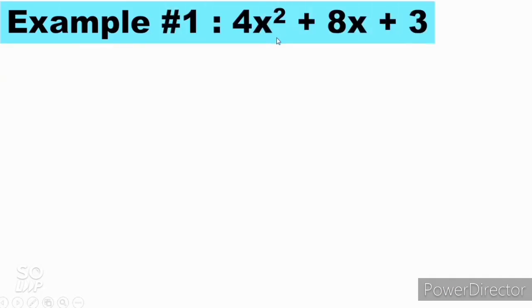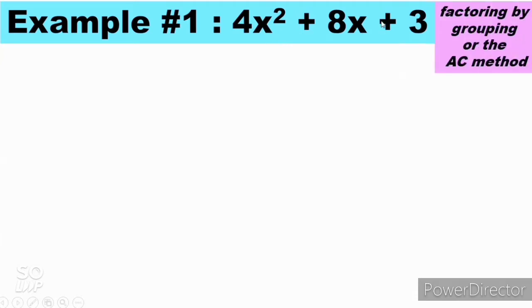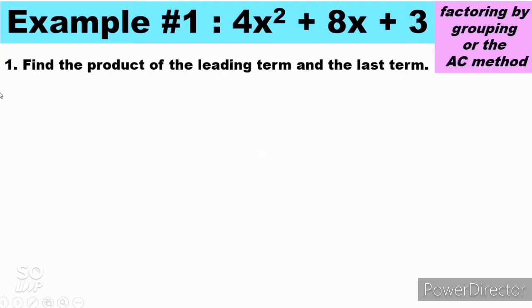4x squared plus 8x plus 3. So, ipa-factor natin using the grouping technique or the AC method. First step is to find the product of the leading term and the last term.